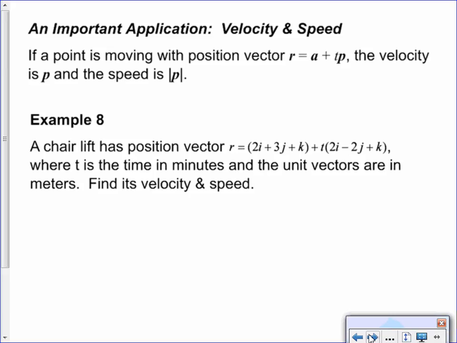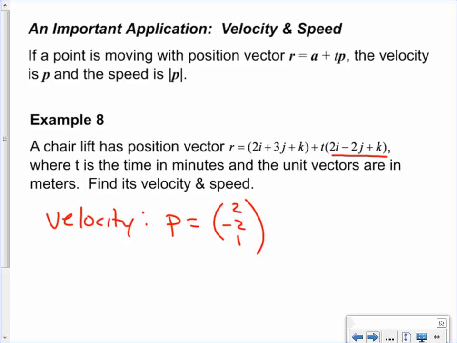So when you're looking at the vector equation, to pick out the velocity, it would be the direction vector. So what's the direction vector in the second one? Right there. So the velocity would be 2, -2, and 1.